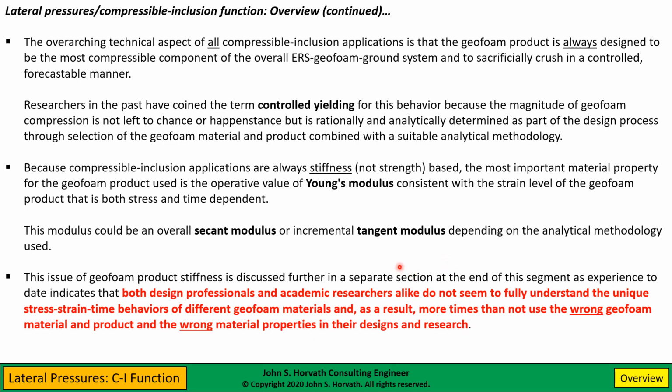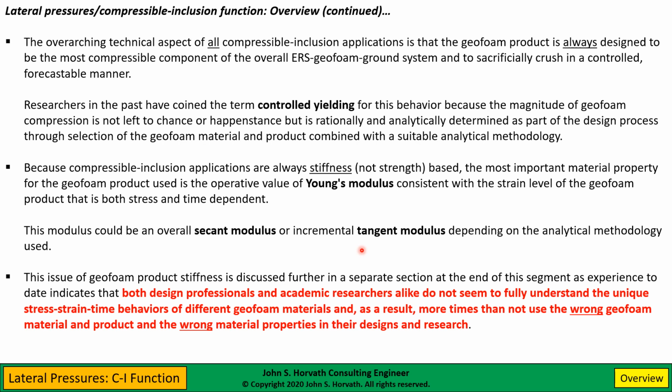And I've seen far too many cases, either in a design situation or in evaluating research data, where the wrong geofoam material and product was used, and then they proceeded to use the wrong material properties in either the design or the research. And a lot of it has to do with the fact that the compressible inclusion function is a large strain, large creep application.